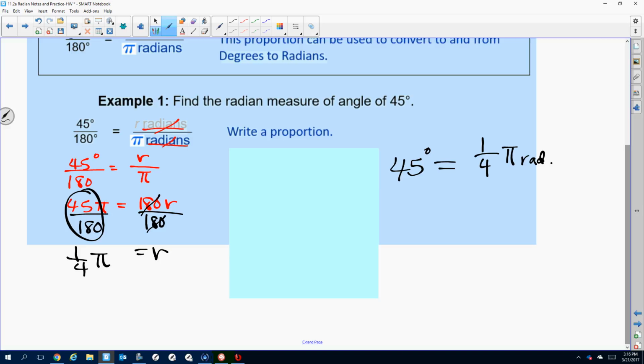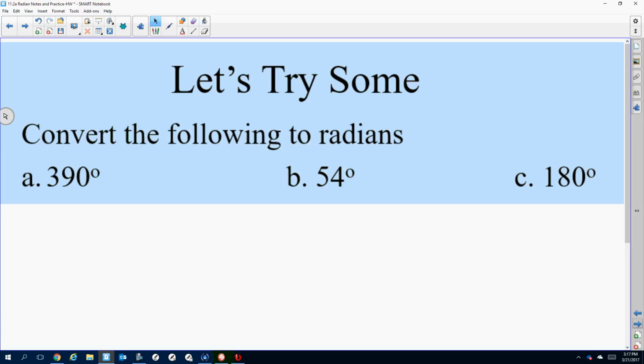Are we okay on that part? Now, here's what we're going to do. You're going to see a pattern, and you're going to realize you do the same thing every time you convert from degrees to radians. So, if you are ready, I want you to convert these degrees, and we're going to do some together, into radians.